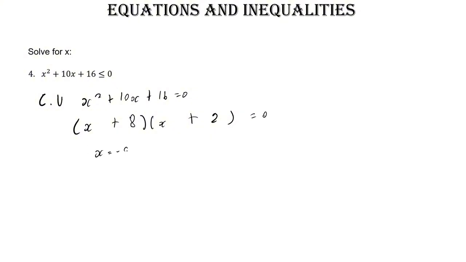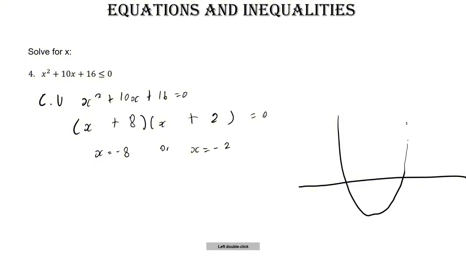X is equal to -8, or x is equal to -2. You draw your parabola just like that. Then you write the smallest number first, and then the bigger number comes last, -2. Then after there, you're looking in this region over here.